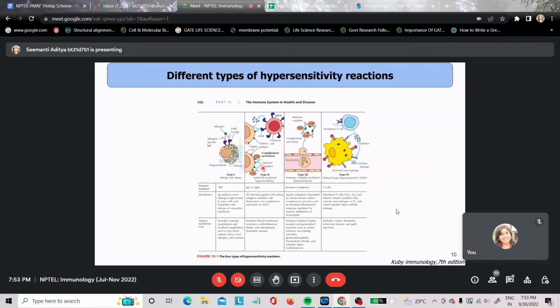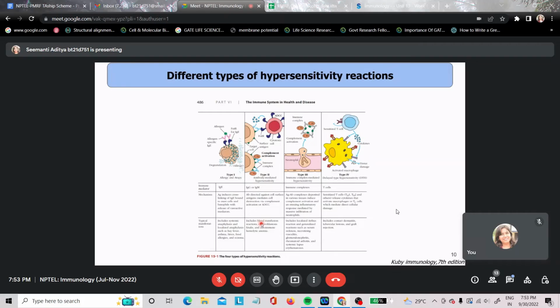These complement proteins have a soluble portion, that is C3a, C4a, C5a, all those A portions are the soluble portion, and this will help in complement activation. Those activated complement proteins will cause a greater immune response, and this immune response is known as the type 2 hypersensitivity reaction.